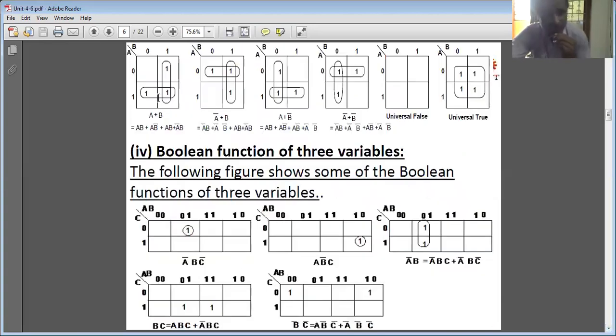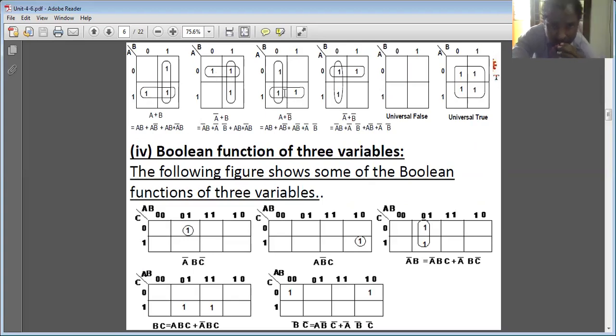Now in this case, consider these 1s. It is AB bar plus AB plus AB, again AB plus A bar B. Here it is AB plus A bar B plus A bar B plus A bar B bar.